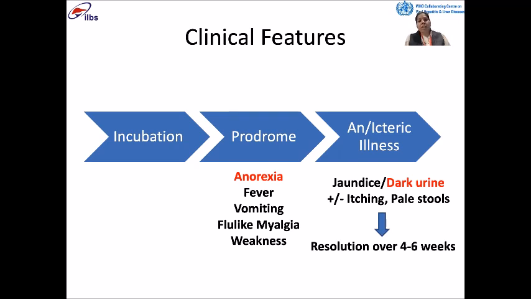It is followed by the prodromal phase, where the child will show clinical features like anorexia, fever, vomiting, flu-like myalgia, and weakness. This may progress to the icteric illness phase, where the child will show jaundice, dark colored urine, with or without itching, and pale colored stools, but all the signs and symptoms resolve over 1 to 1.5 months, that is around 4 to 6 weeks.